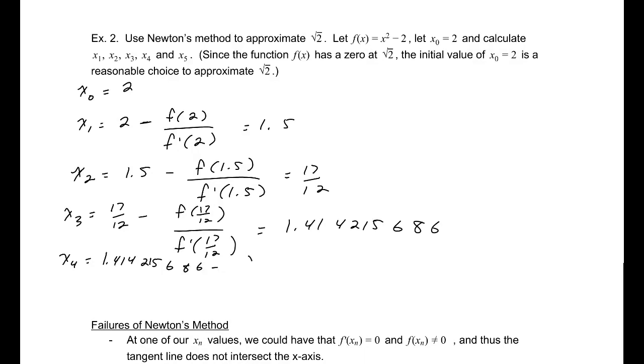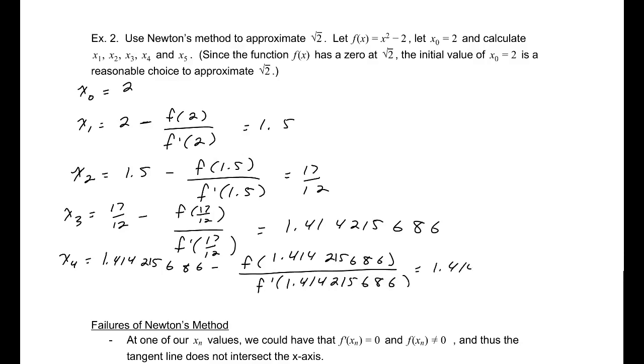Next, 1.414215686 minus f of 1.414215686 divided by f prime of 1.414215686. And then that is 1.414213562.